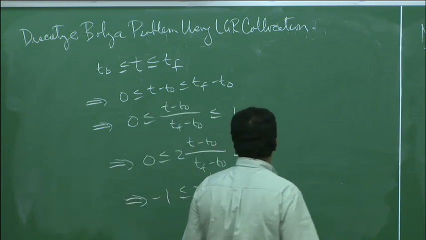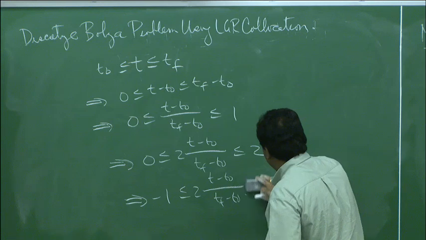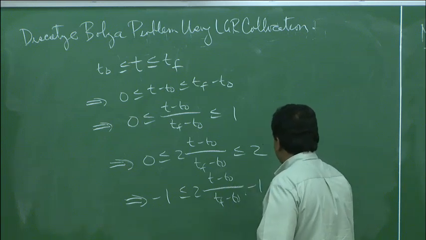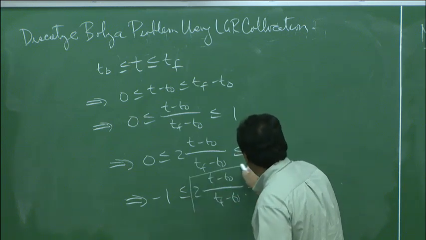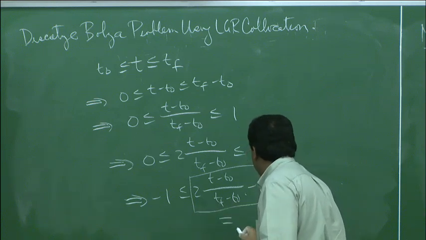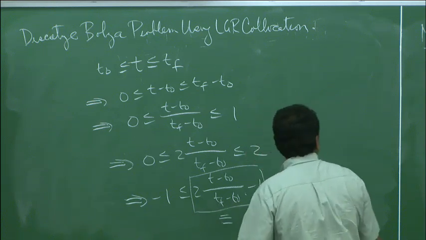So I can define this quantity right here to be tau, right?